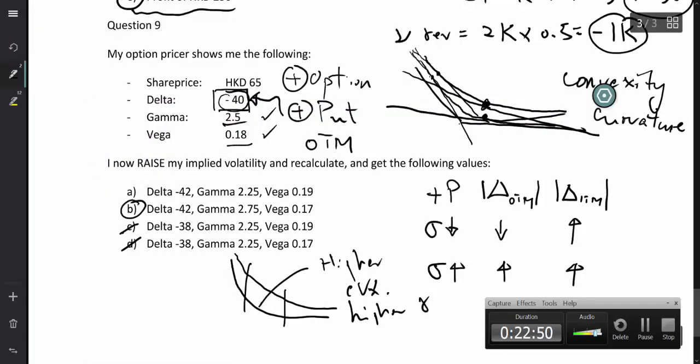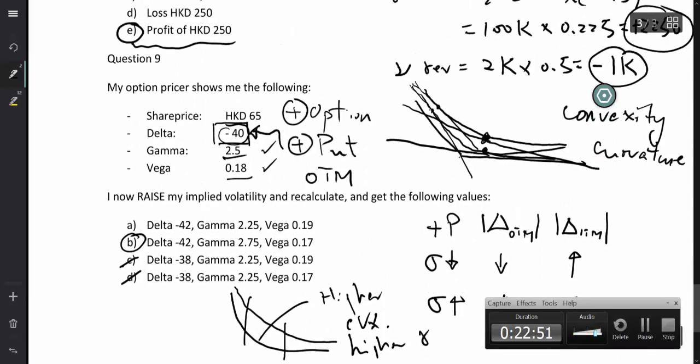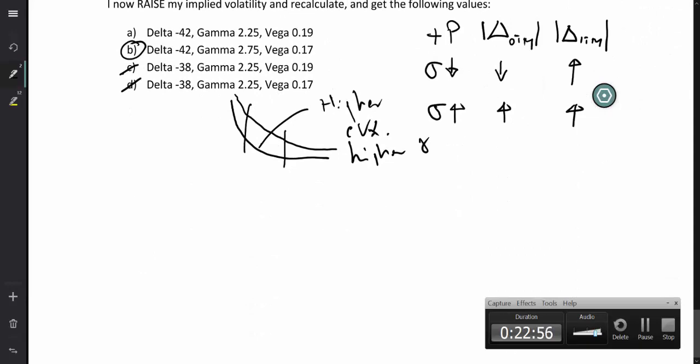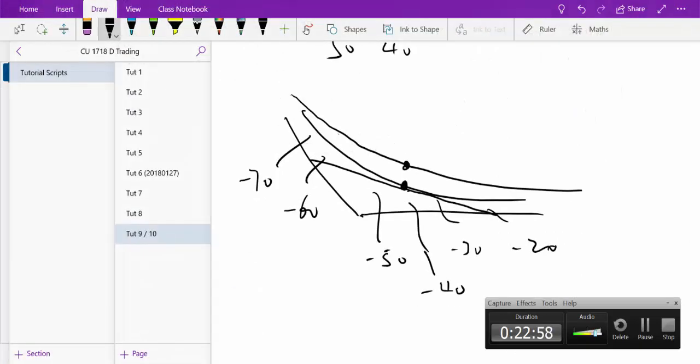Then what would happen? Whoops. Then what would happen? That's not very good.